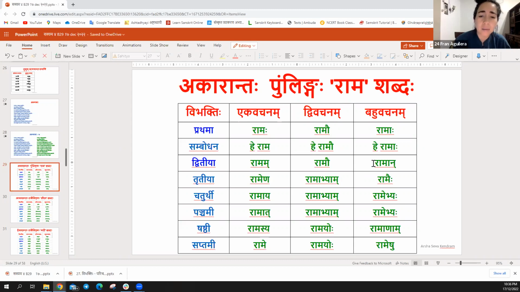Chaturthi Ramaya Ramabhyam Ramebhyah. Panchami Ramat Ramabhyam Ramebhyah. Shashti Ramasya Ramayoho Ramanam. Saptami Rame Ramayoho Rameshu.